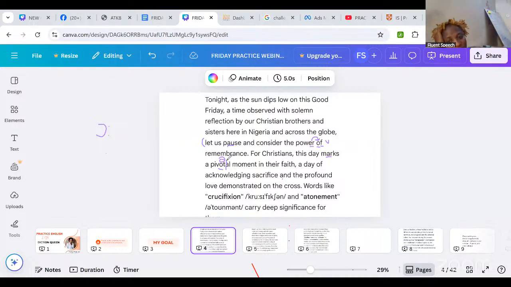Again, a day, not a day. This right here is another sure. A day of, the F sounds like a V. A day of acknowledging sacrifice and the profound love.